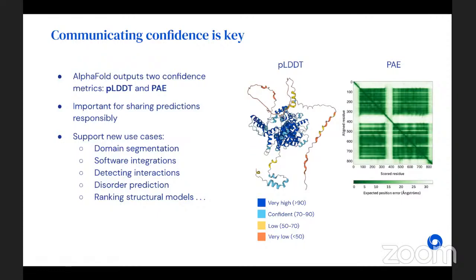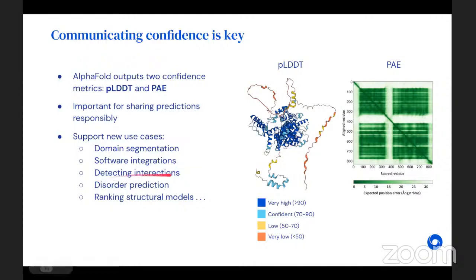One of the most obvious ones is domain segmentation. A domain is basically a block of protein which folds on its own, and you can often see them, like this is probably a domain here. You can use it for software integration: if your software wants to know the level of confidence in something, maybe because it wants to gauge flexibility of the proteins or something else, that is very important.